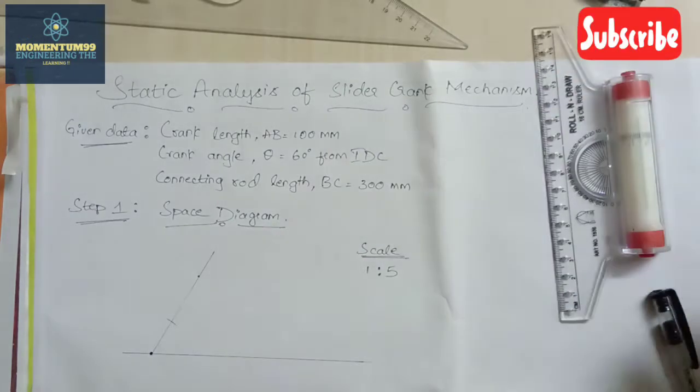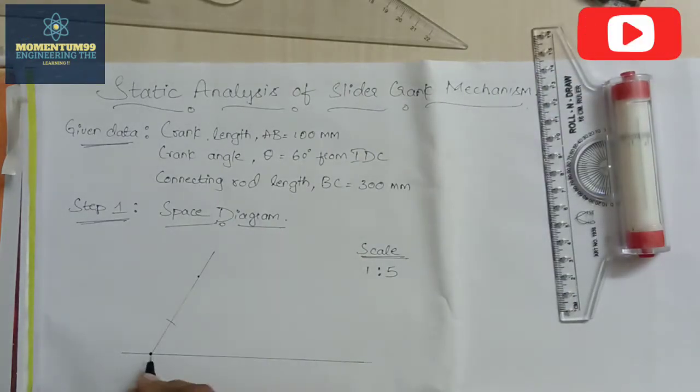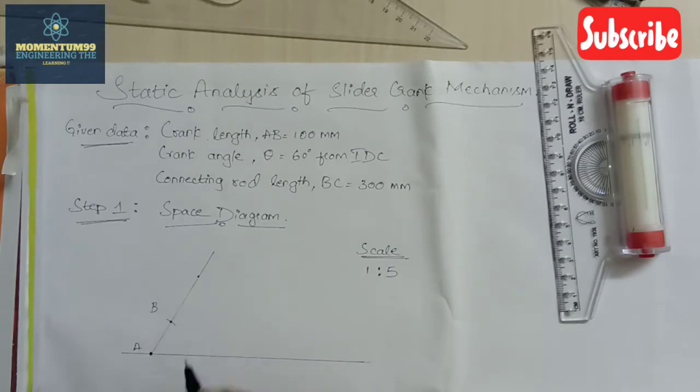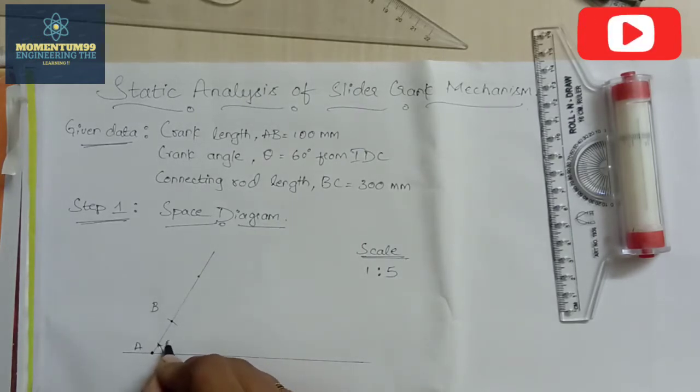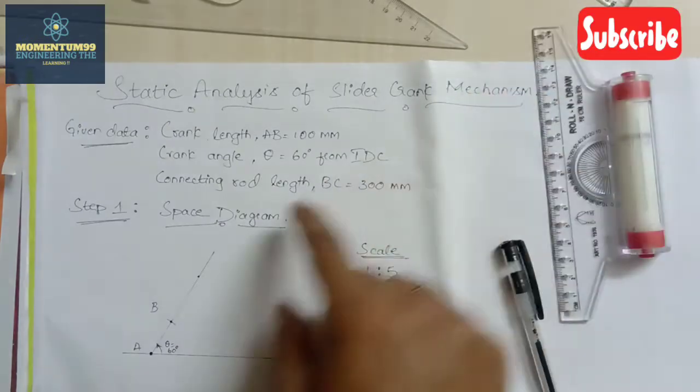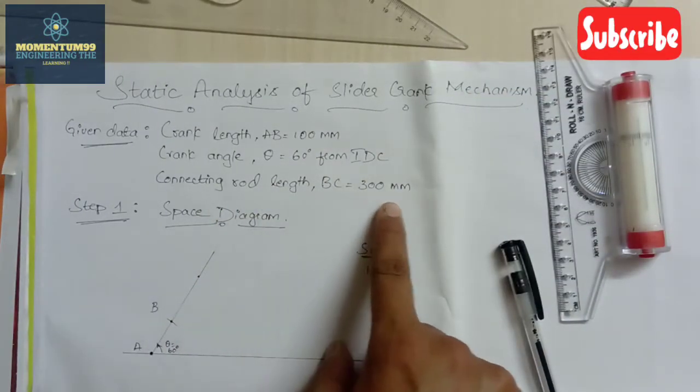So I'll be naming these two points here. I'll be marking this as A and this point as B. So now this angle we have marked is theta equal to 60 degrees here.